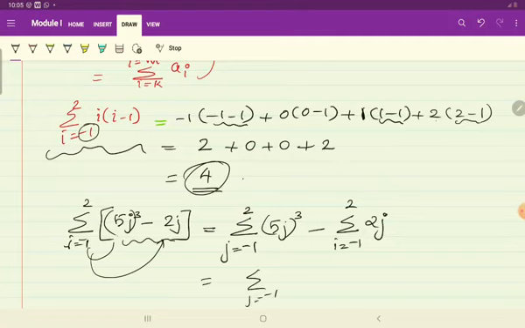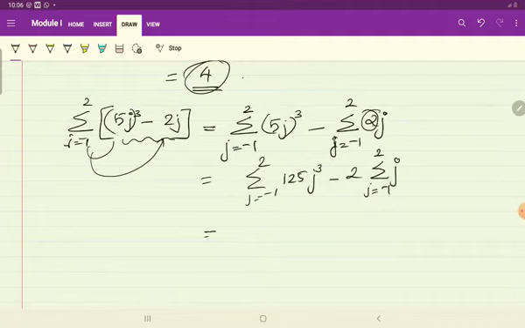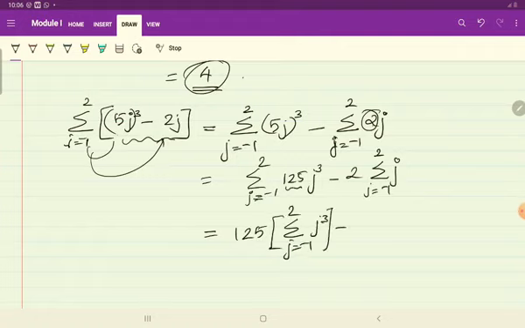We can open the bracket: 5 cube is 125, so 125j cube. And 2 is a constant, so we can take it outside, since the summation is only for j. So this is equal to 125 times summation j from minus 1 to 2 of j cube, minus 2 times summation j from minus 1 to 2 of j.